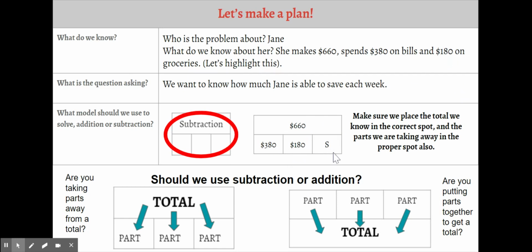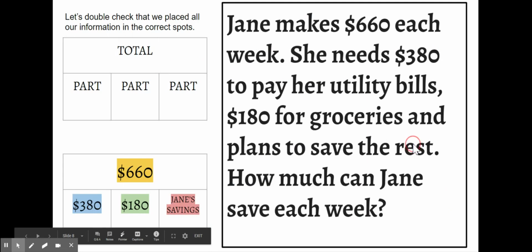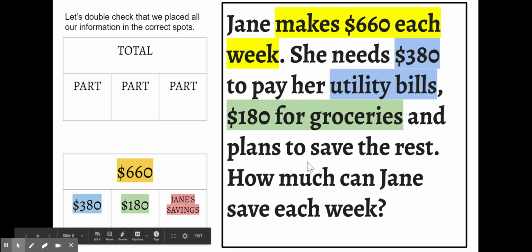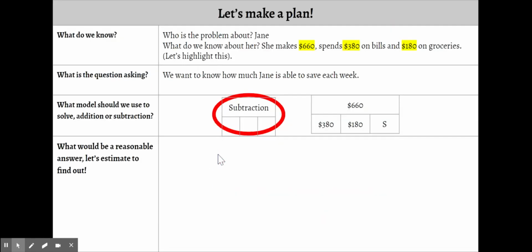And she's going to put away money into savings too. So that's going to be part of what we're taking away. Double check that we put everything in the correct spots. We had 660 as our total, 380, 180, and how much she saves is going to be over here also. Perfect.